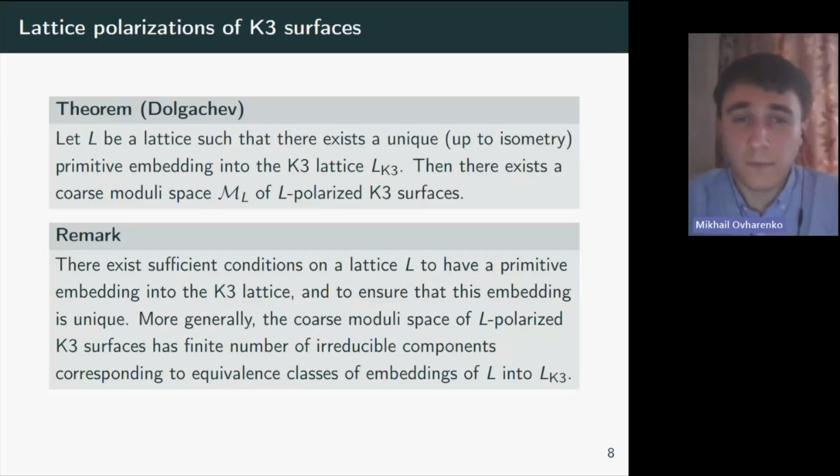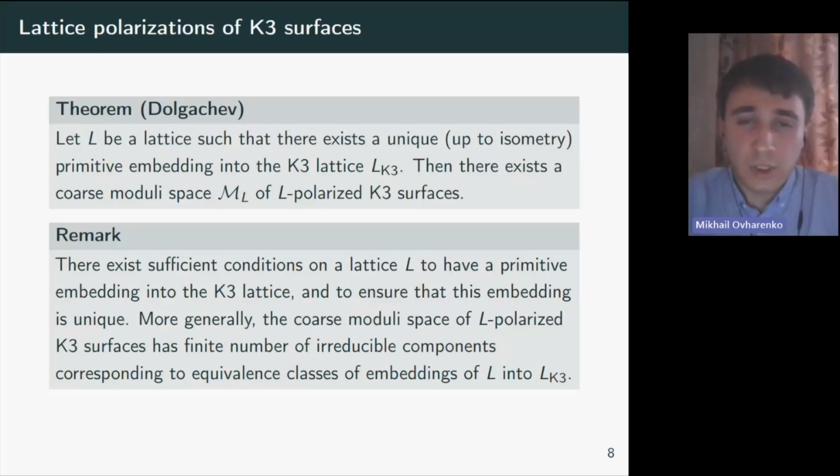There exist some sufficient conditions on the lattice L, purely in lattice theoretic terms, that would ensure that we have unique primitive embeddings. These are due to Nikulin.